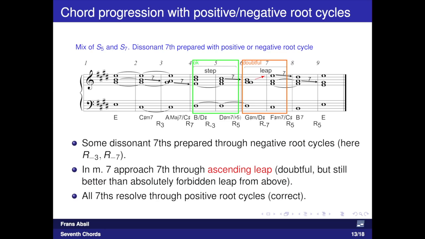The second case, however, measure 6-7 for R-7, has the ascending leap B to E into the seventh, which is the most doubtful voice leading, but still better than the absolutely forbidden descending leap into the seventh. The chord progression consists of a mix of S5 triads and seventh chords. All resolutions of the seventh are okay.